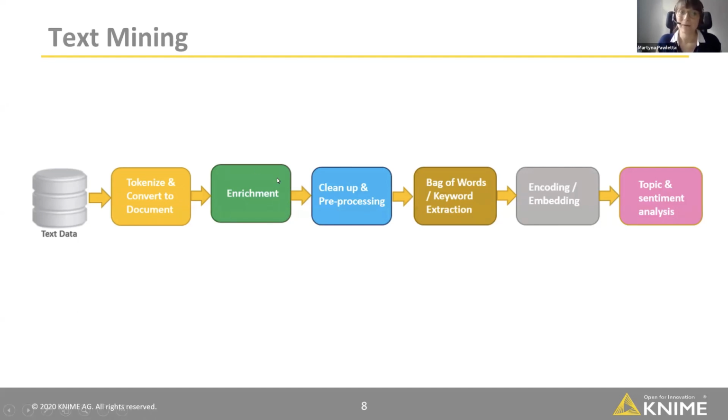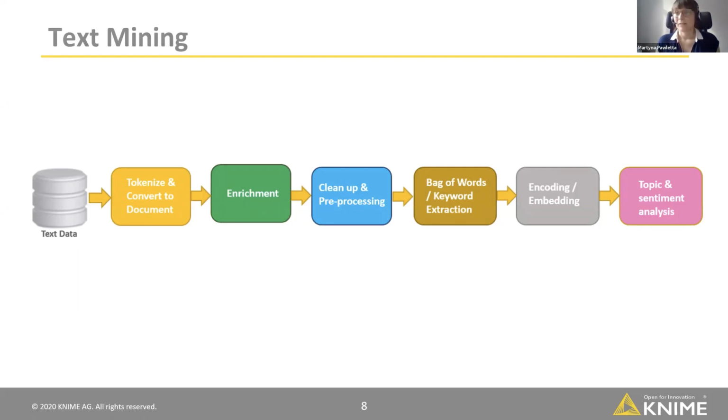The next step, enrichment, is a very popular task where we can add tags to the terms of the text, like grammar rules, like parts of speech, for example. We can add sentiment tags or specific biology or chemistry tags, or even dictionary tags that are provided by yourself.